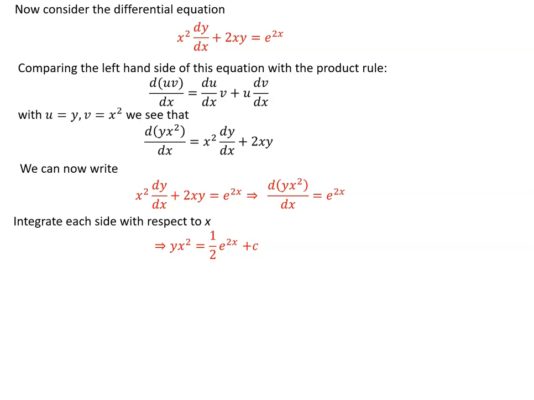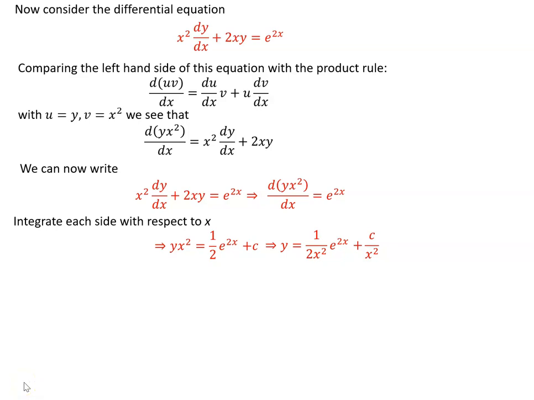So we've got y times x squared is equal to half e to the 2x plus c. In other words, we have got y is 1 over 2 x squared times e to the 2x plus a constant divided by x squared.